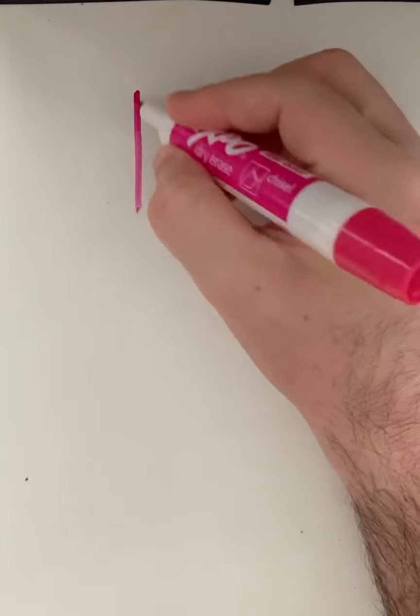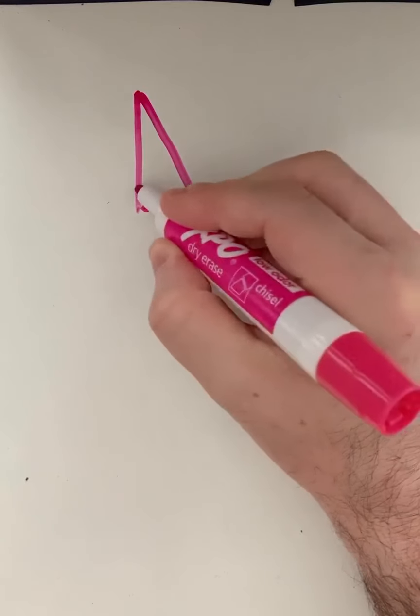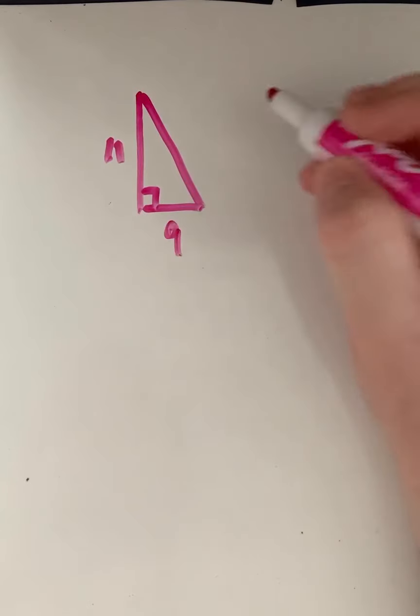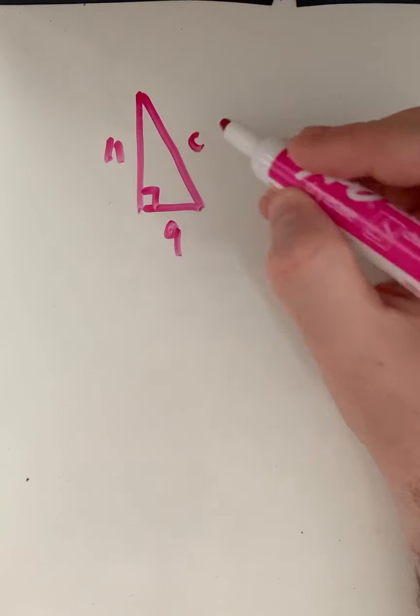The third question in the knowledge section had two different triangles. So we'll do the first triangle. The first triangle gave you 2 legs, 11 and 9, but didn't give you the hypotenuse.